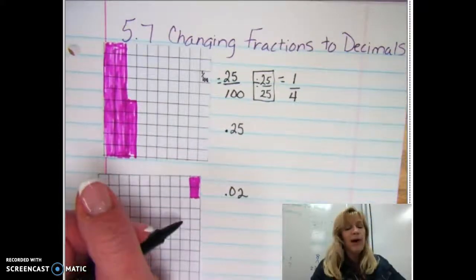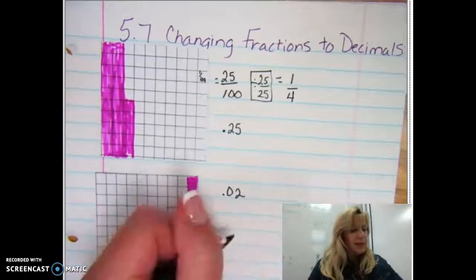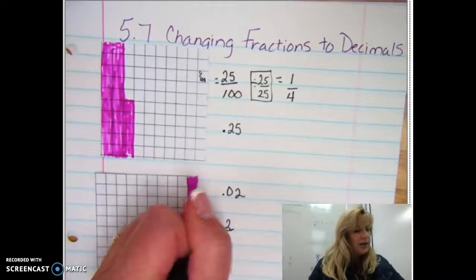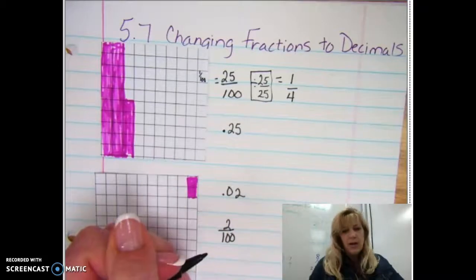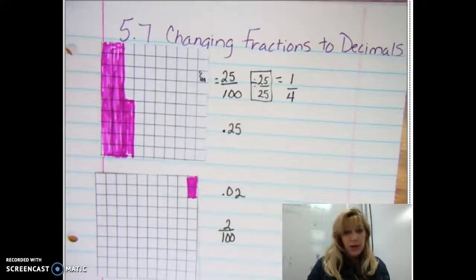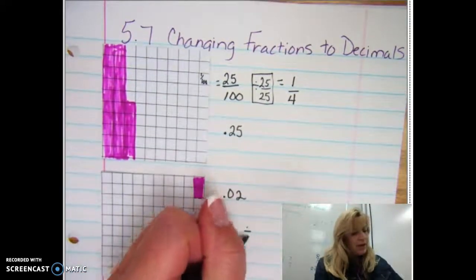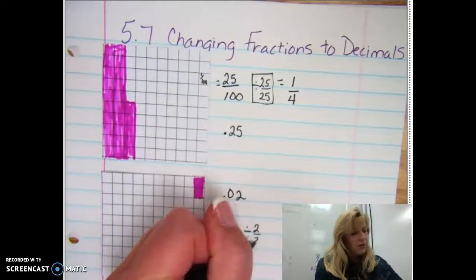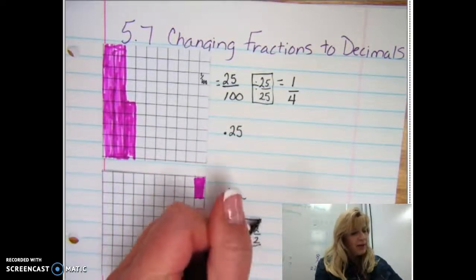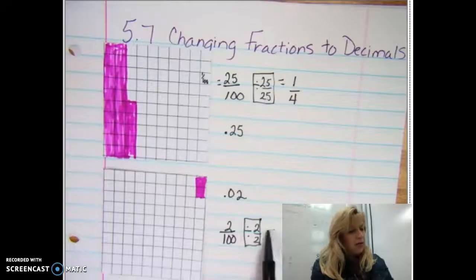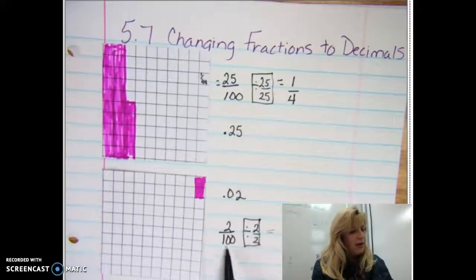Well, if I say 2/100ths, express that as a fraction, you can say it's 2 over 100. And I see that they're both even numbers. So I'm going to divide it by the fancy form of 2 over 2. There's my 1 right there. I draw a big thick 1. 2 divided by 2 is 1. 100 divided by 2 is 50.